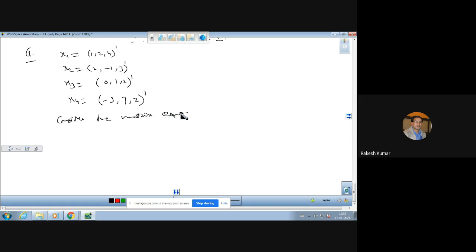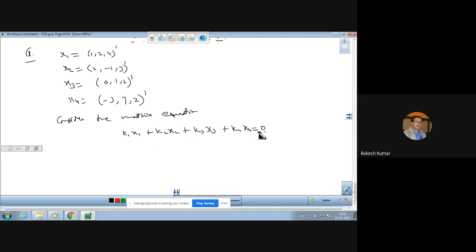Now we know the linear combination of vectors, that is, let us take k1 x1 plus k2 x2 plus k3 x3 plus k4 x4. इस क्वेश्चन में मैं स्केलर्स k1 k2 k3 k4 ले रहा हूँ. लास्ट क्वेश्चन में हमने लैम्डास में लिए. देयर इज नो डिफरेंस, यू कैन टेक एनी ऑफ दीज टू.